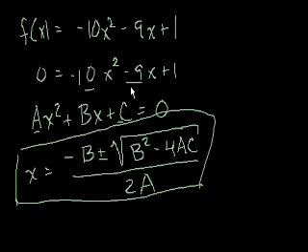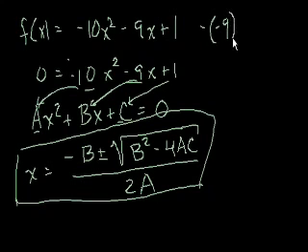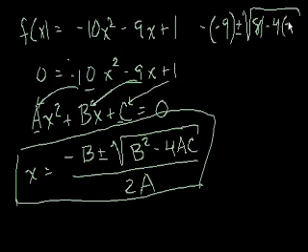What's b? Well, b is negative 9, right? We could see here, b is negative 9, a is negative 10, c is 1. So if b is negative 9, let's say that's negative 9 plus or minus the square root of negative 9 squared, well, that's 81, minus 4 times a, which is minus 10, times c, which is 1.